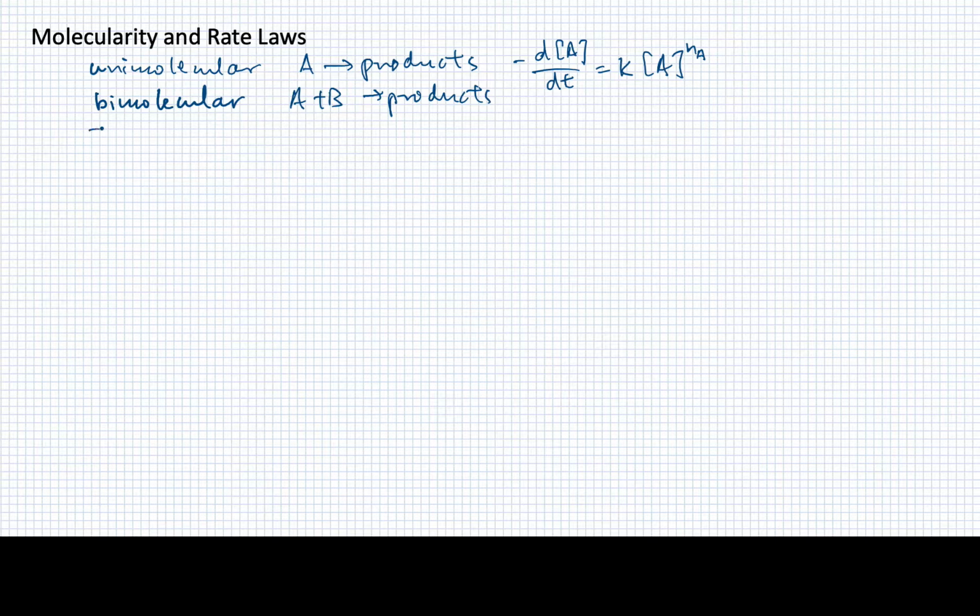Now we can also have higher order processes, so I'll add termolecular to this list, which would be something like A plus B plus C going to products. And I think it's easy to see that as we go down this list, we're getting more and more complex in our treatment of reactions.